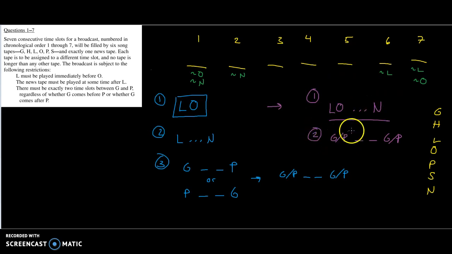And then for the second rule, here's where we really can't make much of a deduction from the sketch, just because they didn't specify which goes first, the G or the P. If I had the rule where it said G/P, I would know that G has to be exactly 3 spaces behind P, which would indicate there's a whole bunch of places where G or P could not be, looking at the ends.